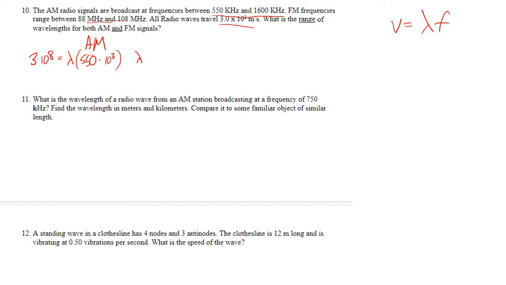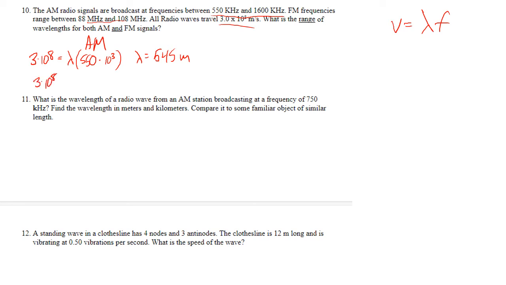For this, we're going to take 3 times 10 to the 8 divided by 550 times 10 to the 3. If you don't have a good calculator, you can just type in that many zeros each time. 545 is what we should get. Let's just round it to the nearest whole number. It's good enough for this. 545 meters.